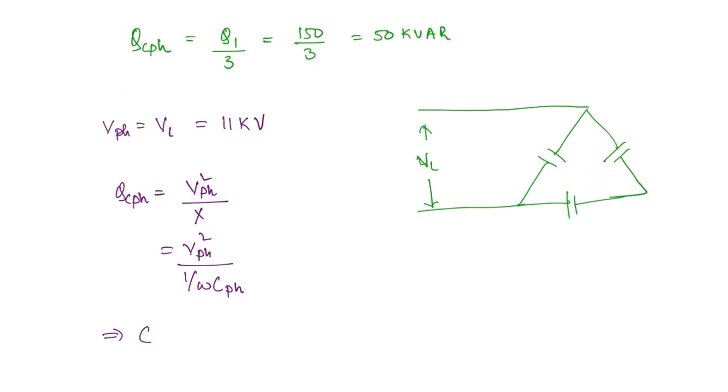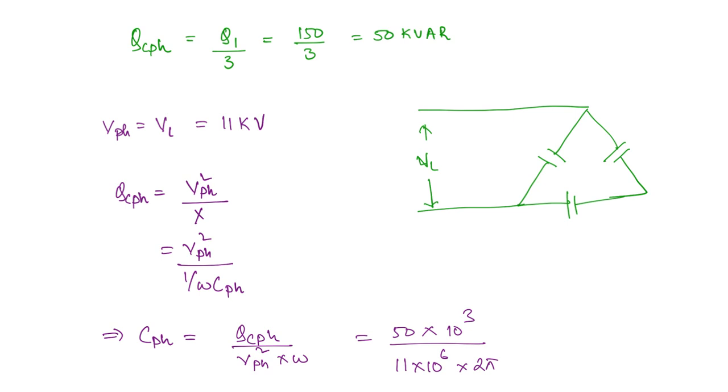So from here C phase is going to be QC phase divided by V phase square into omega. So this we know anyways, 50 into 10 cube because it is in kilo, and V phase square is 11 kilovolt, so 10 to the power 6, into frequency is given as 50 Hertz, right? So 2 pi into 50. So if you calculate, you are going to get 1.31 microfarad.